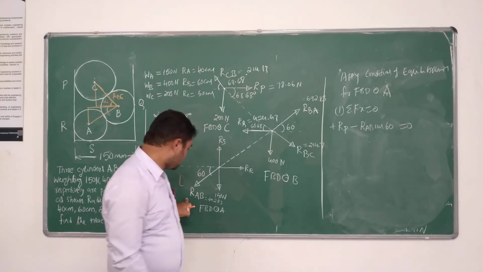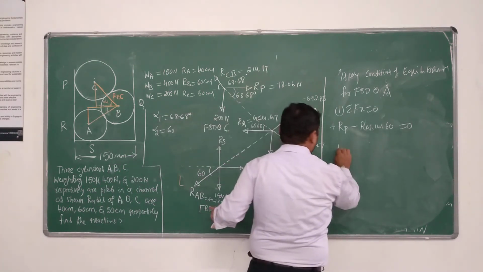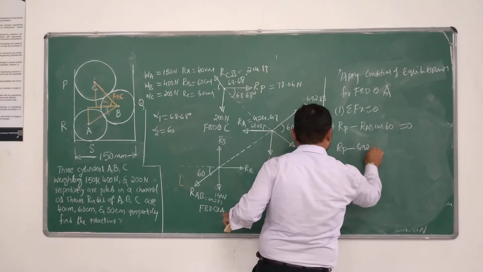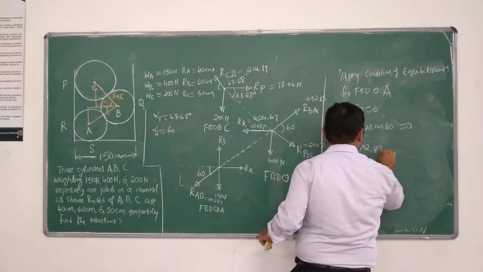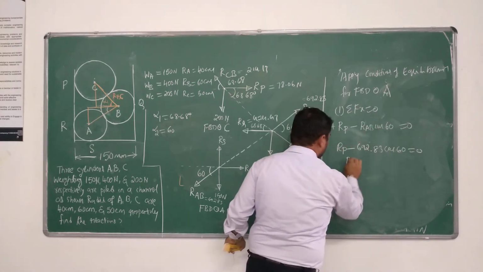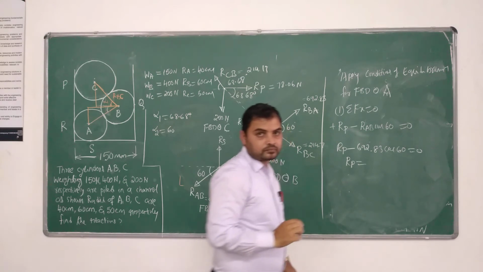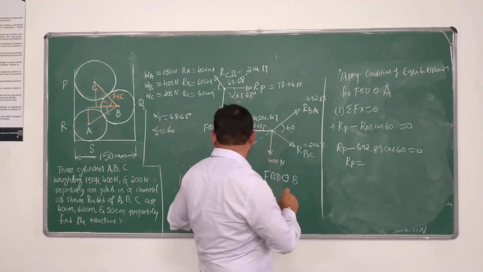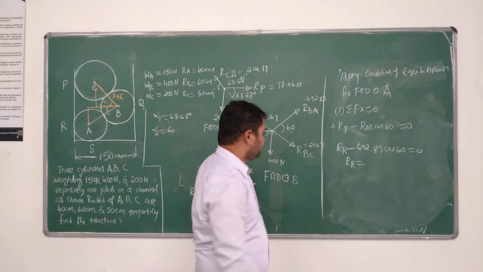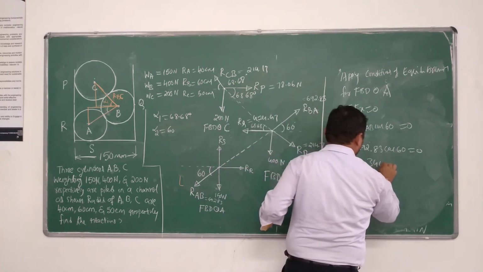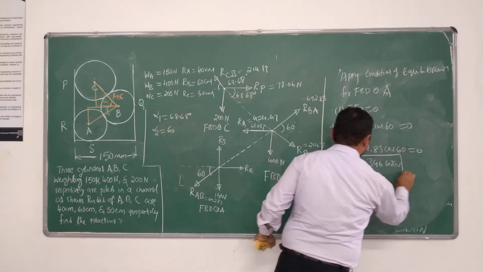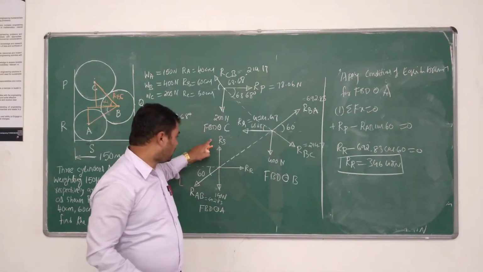If you substitute 692.83, RR minus 692.83 cos 60 is equal to 0. We get the value of RR as 346.42 Newtons. Now the remaining last unknown is RS.